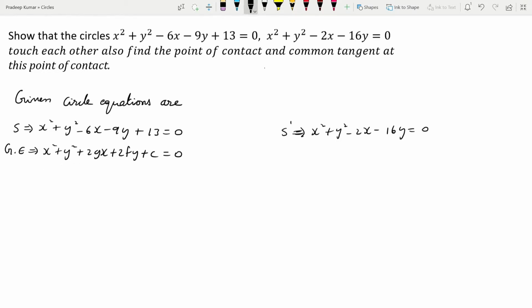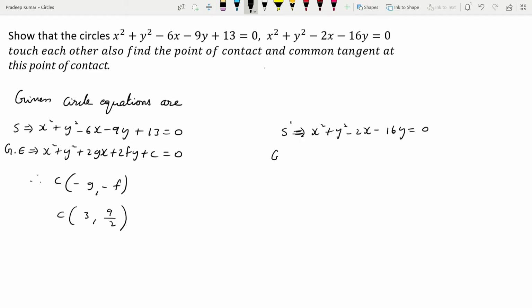When we compare the general equation of the circle and the given equation, the center is (−g, −f). So if you compare this with the given equation, g we are getting as 3 and f we are getting as 9/2, and we'll do the same for the second equation also.